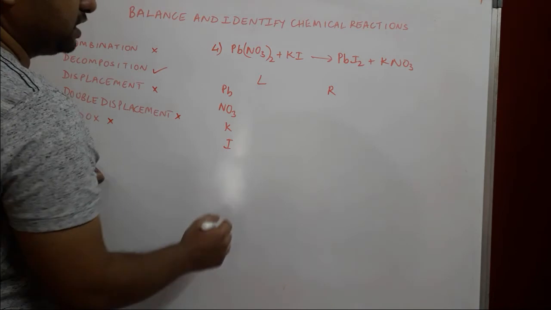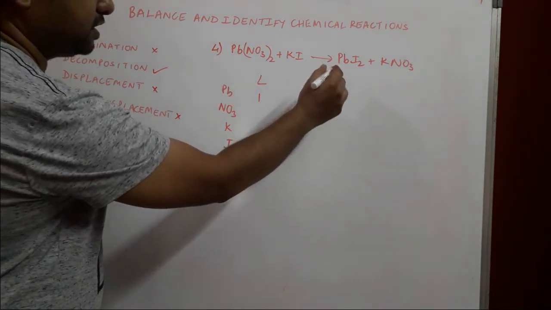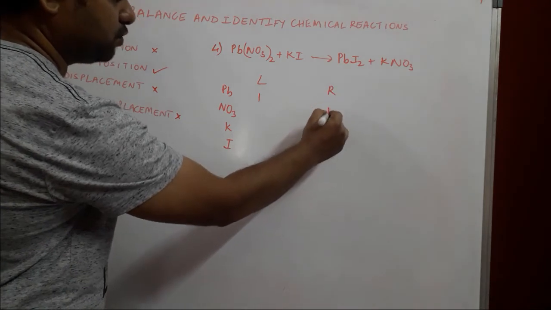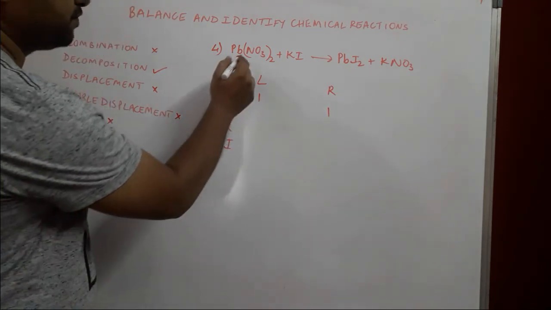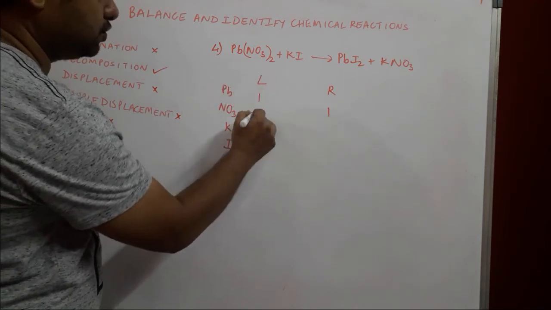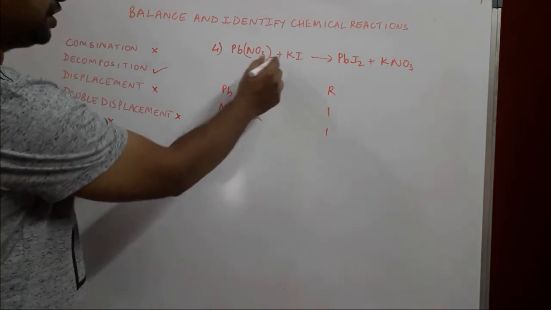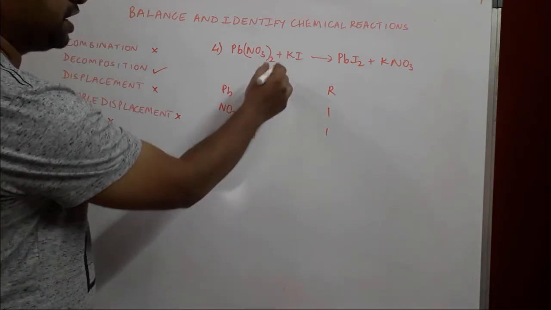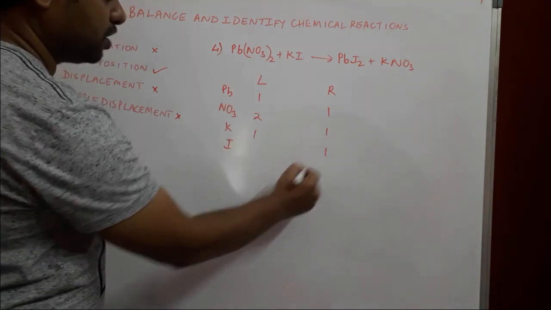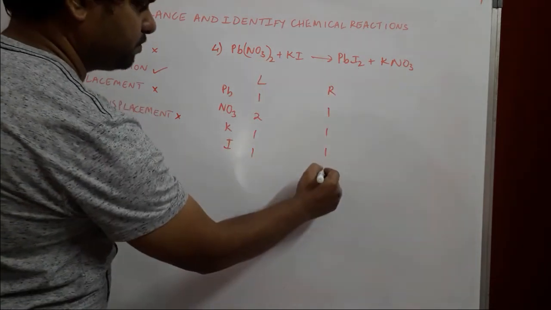On the left hand side, that is the reactant side, there is only one lead. On the right hand side, we also have one lead atom. Then nitrate ions, we've got two on the reactant side and only one on the product side. Potassium, we've got one on the reactant side and one on the product side. Iodine, we've got one on the reactant side but two on the product side.